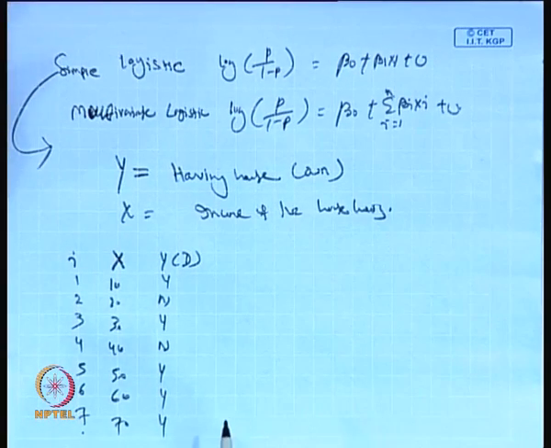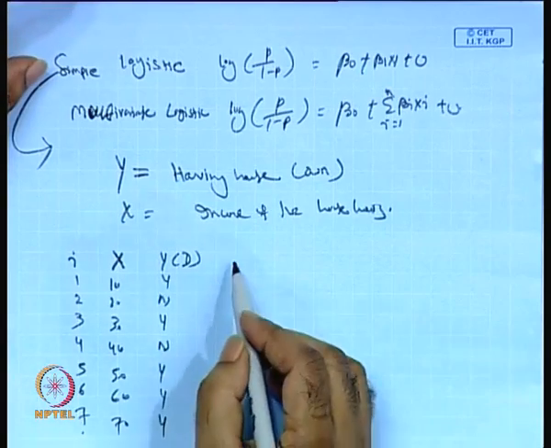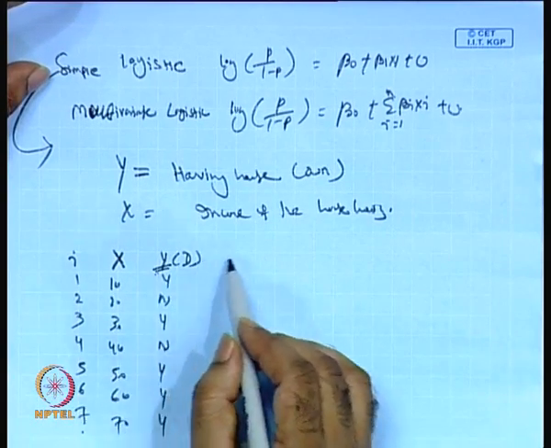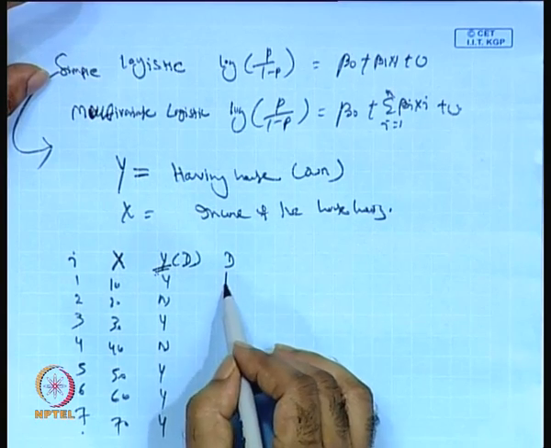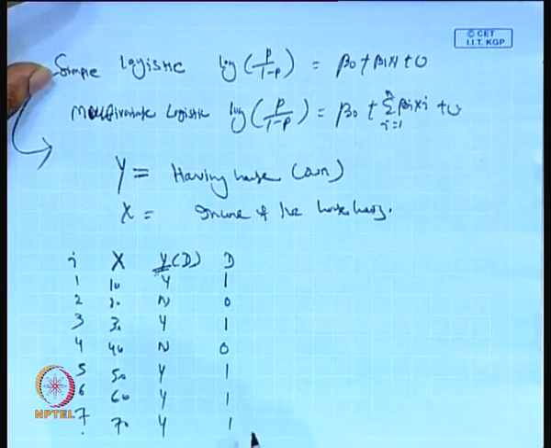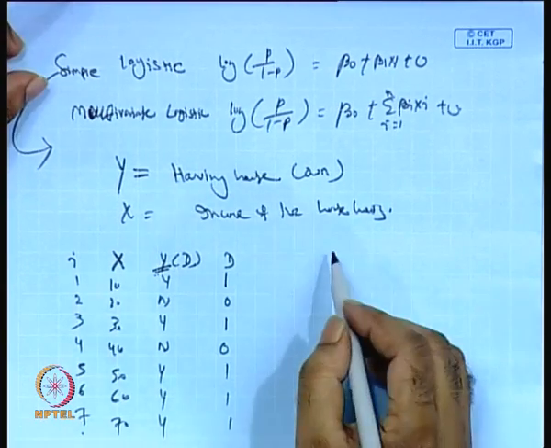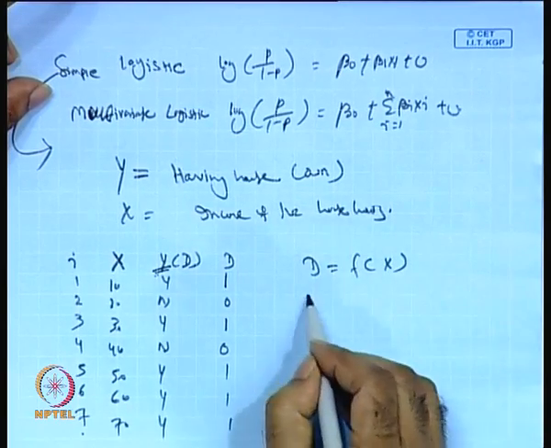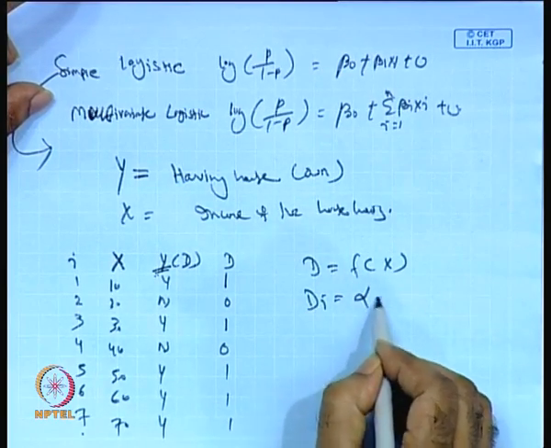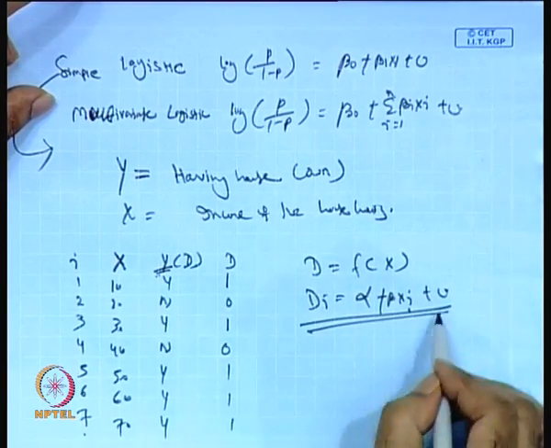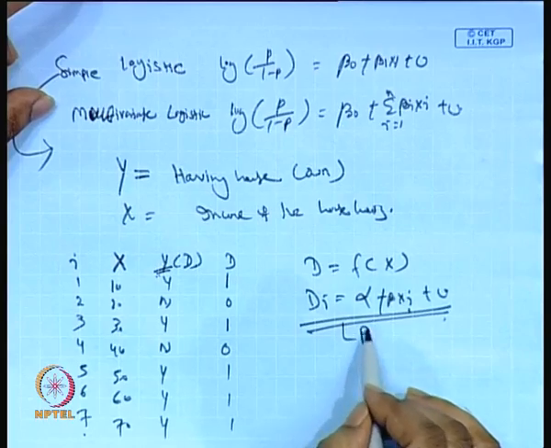This is the structure of the dependent variable. We will transform this into d as 1 0 1 0 1 1 1. Then finally, we regress d upon a function of x, that means d i equal to alpha plus beta x i plus u. This is the structure in the case of the linear probability model.